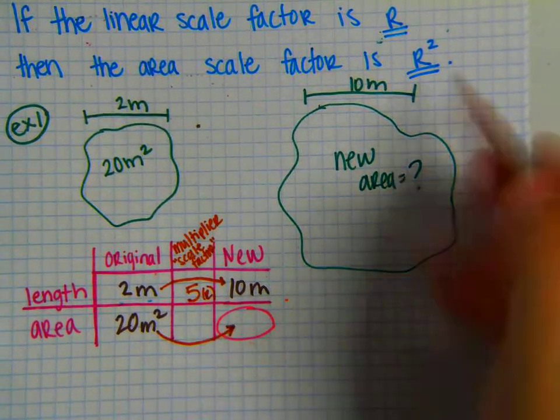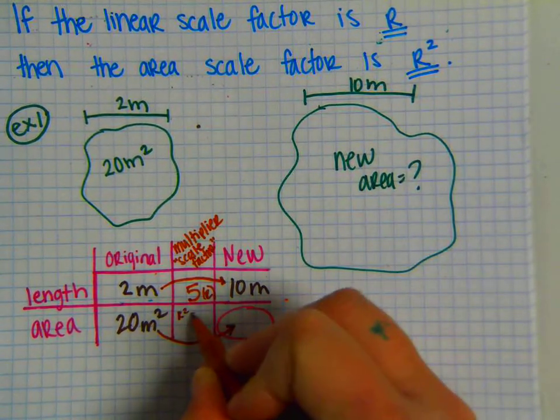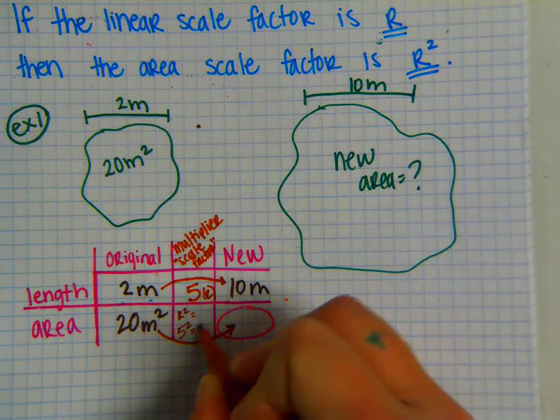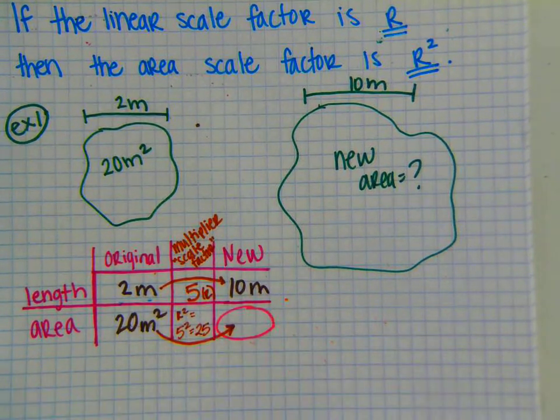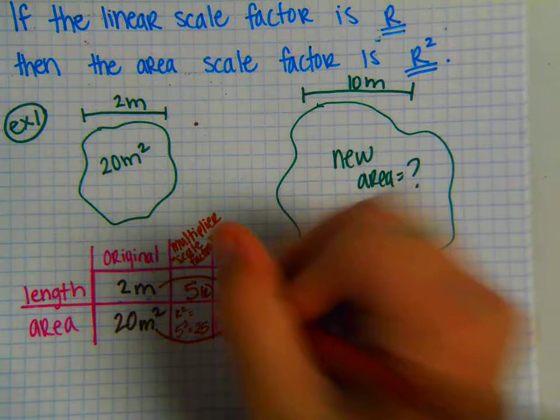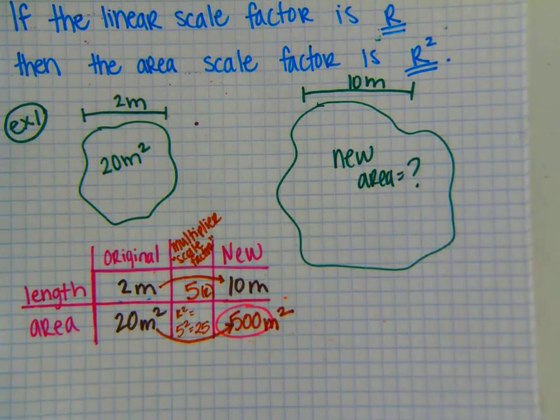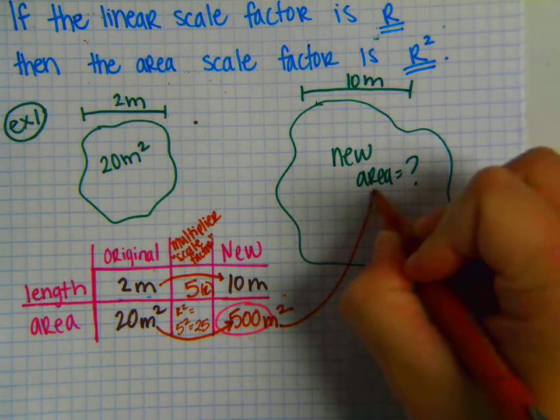Well, up here it says R squared. So we're going to do R squared, which would be 5 squared or 25. So we're going to take 20 times 25, and we get 500 meters squared. And that is that area.